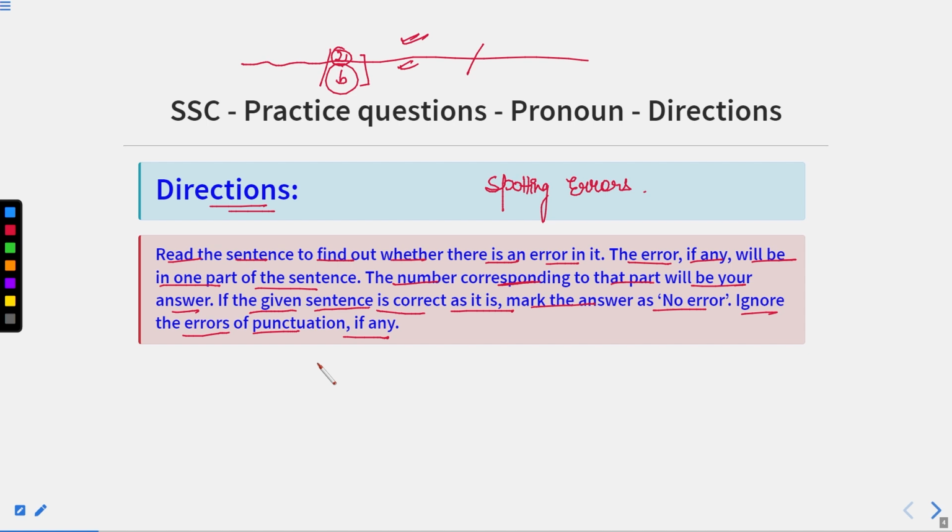It means punctuation errors will not be considered errors, and if you see any punctuation error, you can ignore it, because that will not be considered an error. Basically we have to look for the pronoun errors. Moreover, we can find several other errors as well, maybe from different parts of speech, but if there is any punctuation error, that we can totally ignore.